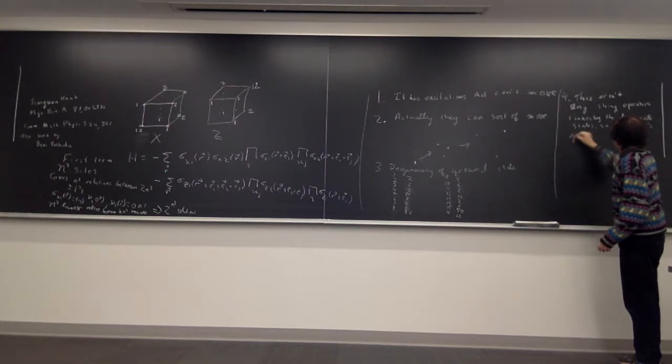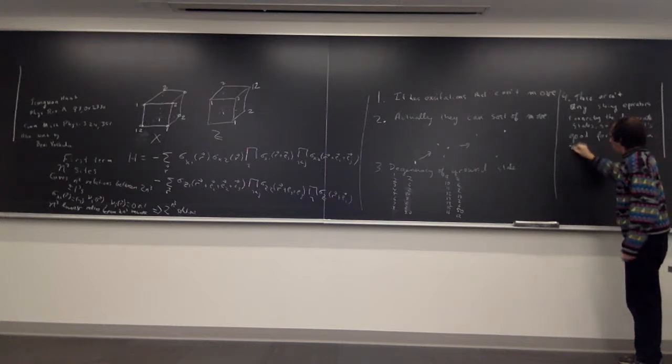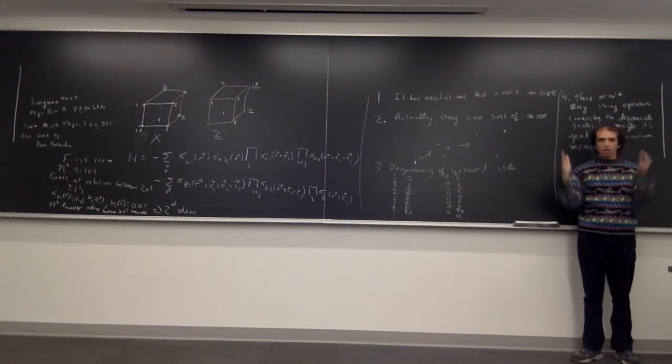Good for quantum memory. So what I'm saying here is that in the toric code state, you have 4 degenerate ground states, and they're nice because you can't get from one to the other with just local operations.